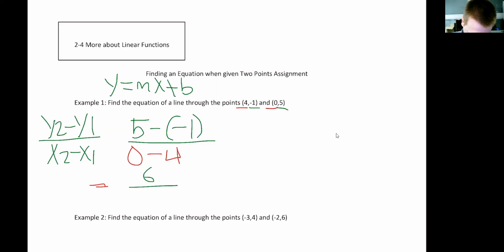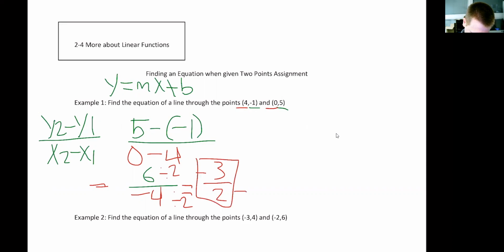On the bottom, 0 minus 4 is negative 4. It's helpful to simplify your fractions. Usually you want to put the negative up top, but both of those are divisible by 2, so you could rewrite this as negative 3 over 2.